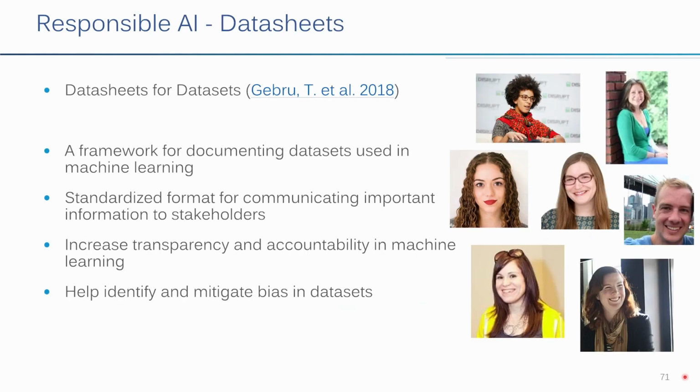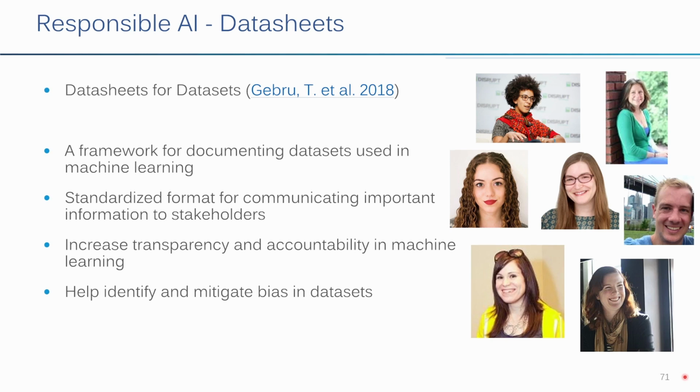Well, the first one is the data sheets for data sets. It's a framework for documenting data sets used in machine learning. And you'll see this quite often in all the other approaches. It's a standardized format for communicating important information to stakeholders about the data set that was collected, pre-processed, cleaned, and made public or made available.